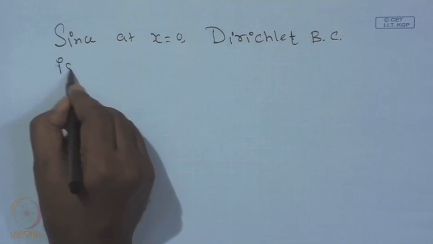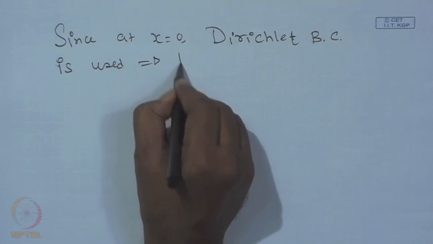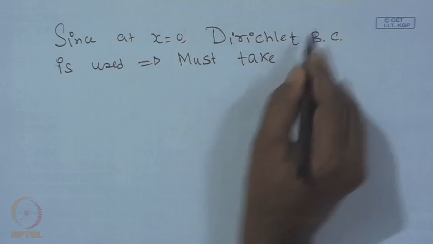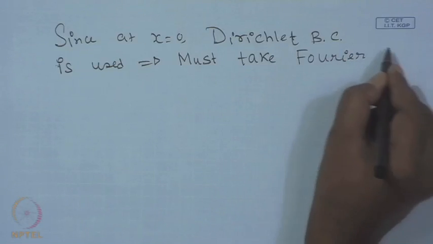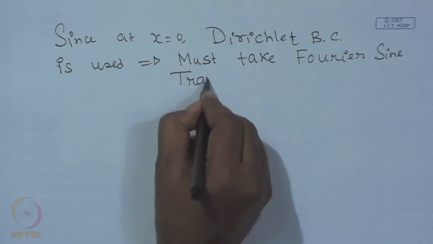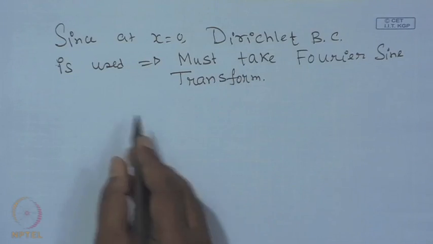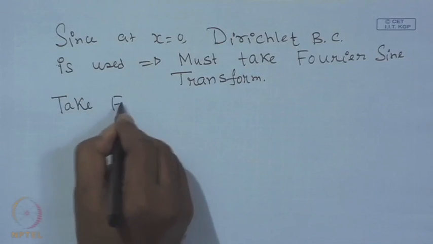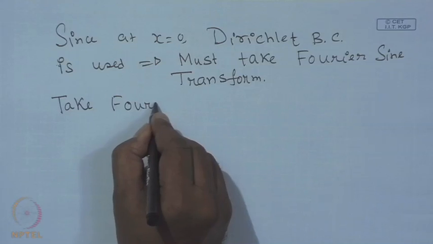Dirichlet boundary condition is used, so we must take the Fourier sine transform. Now, you just take the Fourier sine transform of the governing equation, both sides of the governing equation.